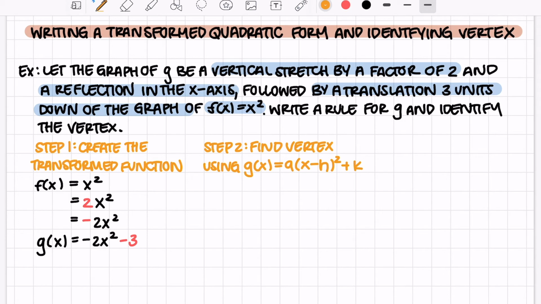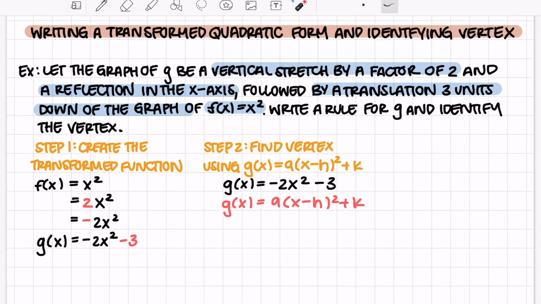If you have that formula, automatically it'll make it so much easier to find out what your vertex is. So right here, all I need to do is get my new function, which is g of x equaling negative 2x squared minus 3, and then rewrite it in the form of g of x equaling a times x minus h squared plus k.